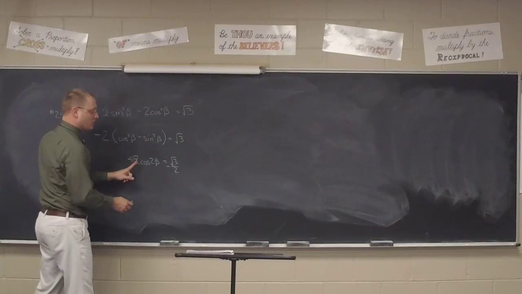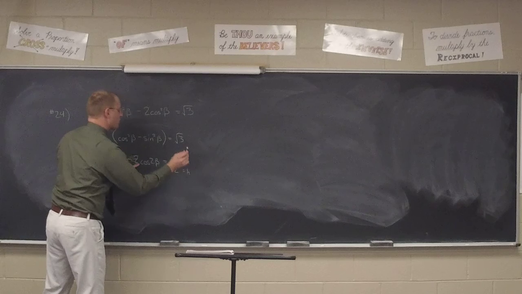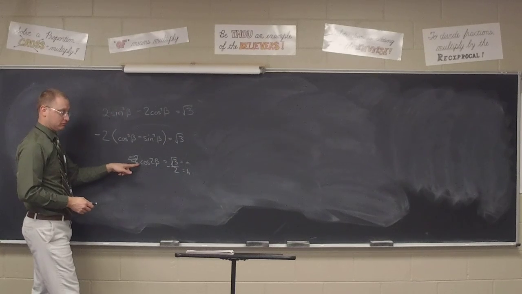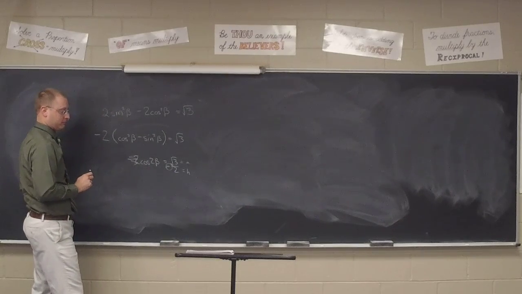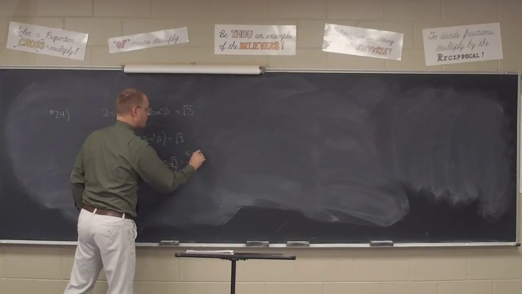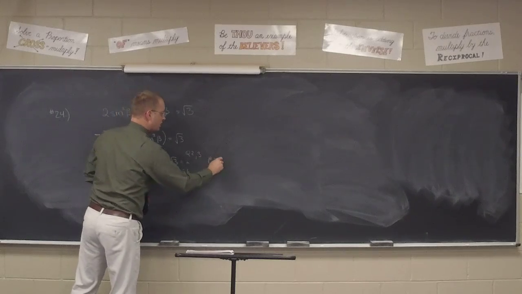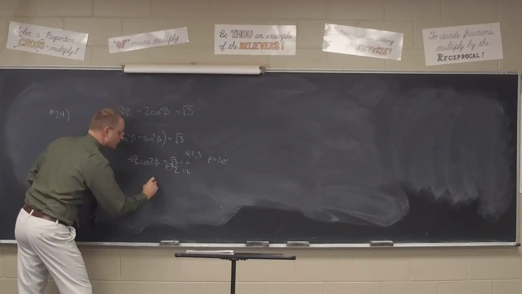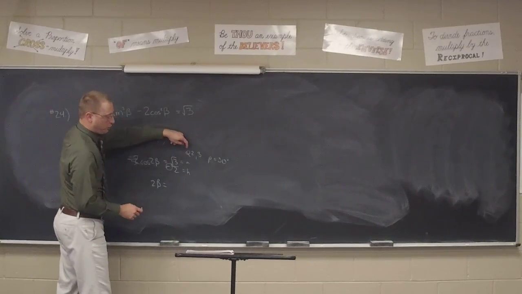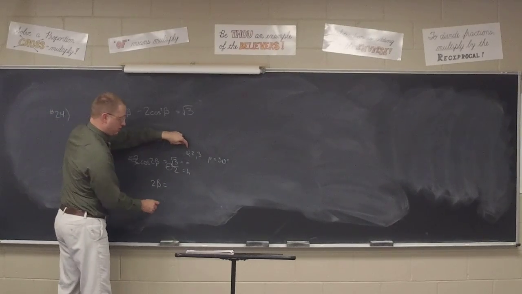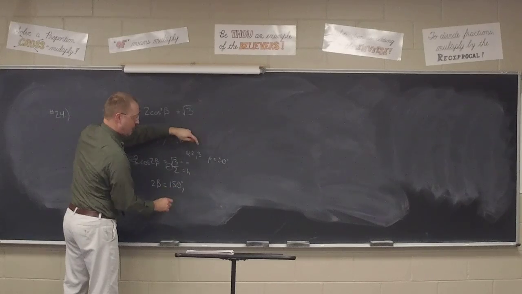When is cosine square root of 3 over 2? 30 degrees. When is cosine negative? Quadrant 2 and quadrant 3. So our reference angle is 30 degrees in quadrants 2 and 3. That means 2 beta, not beta, but 2 beta, is equal to quadrant 2 form of 30 and quadrant 3.